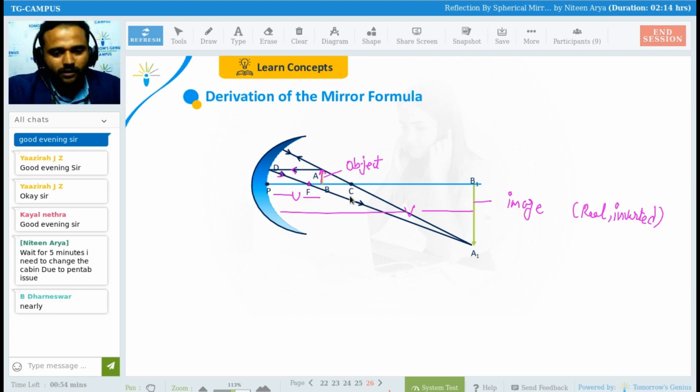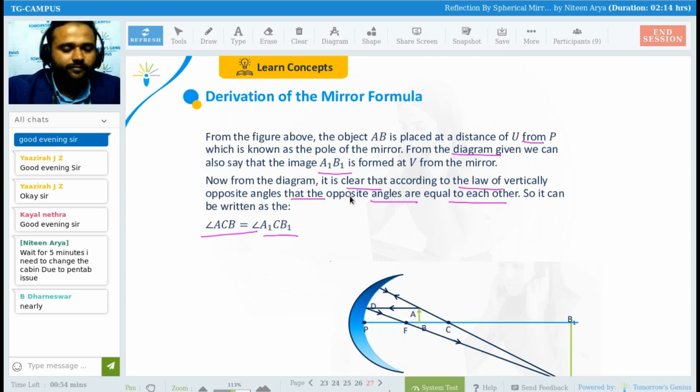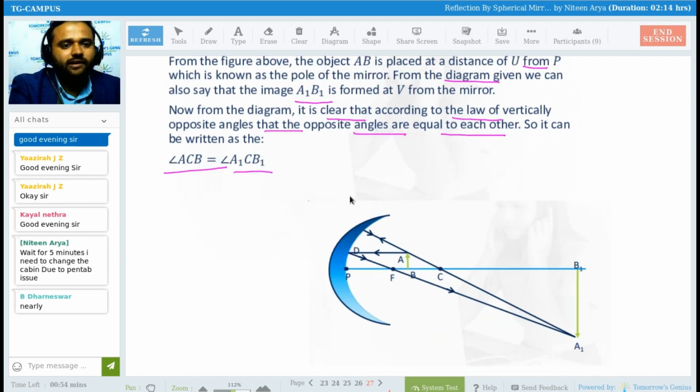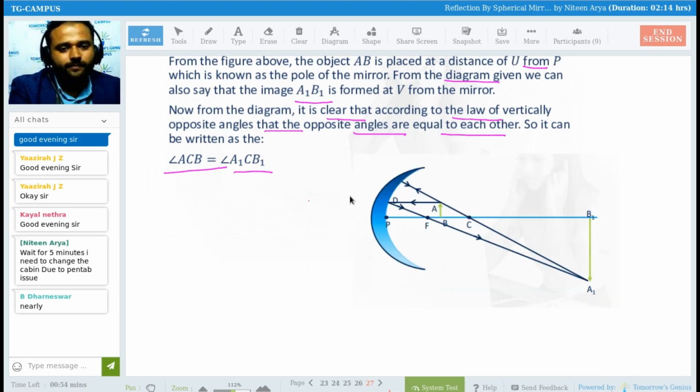I can draw it here because the diagram is necessary for you guys. Just a minute, beta. So this is your diagram. On this diagram, what we already discussed is clear? As written in these lines, this is angle ACB.